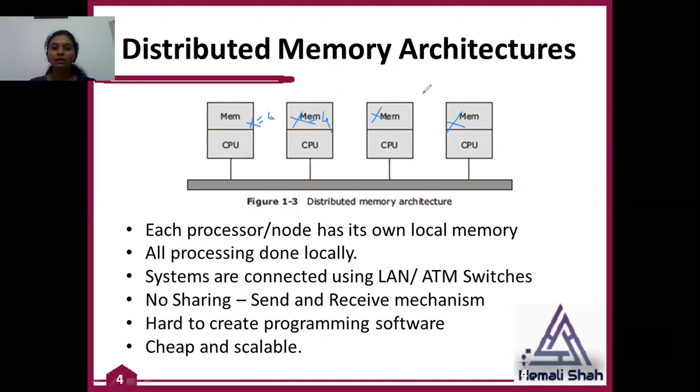For example, here the value of X is 4, here the value of X is 3, and the latest value of X is 5. All are making local copies of X, and now you have to find out which value is the latest and updated. There is no record of which value of X is updated.